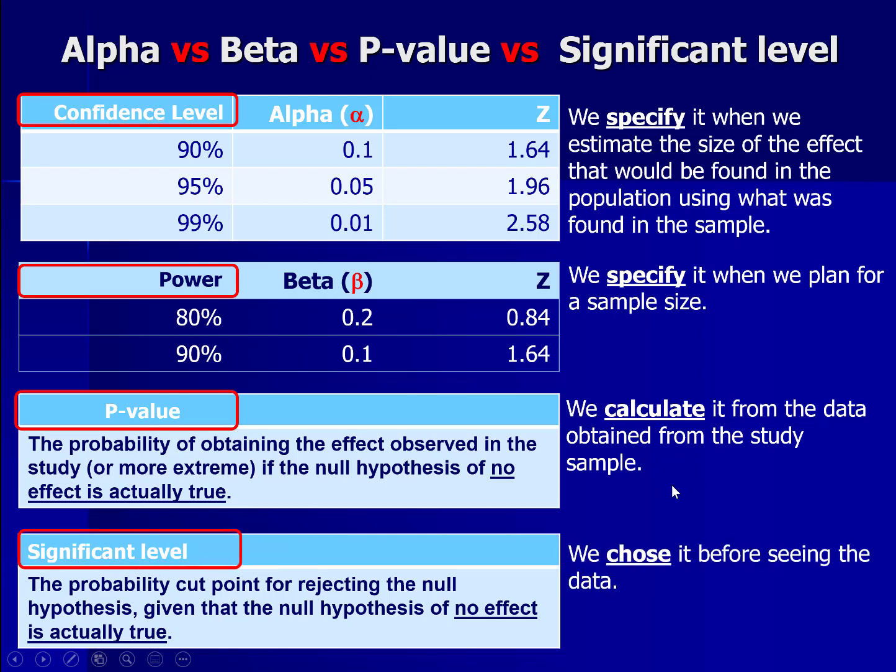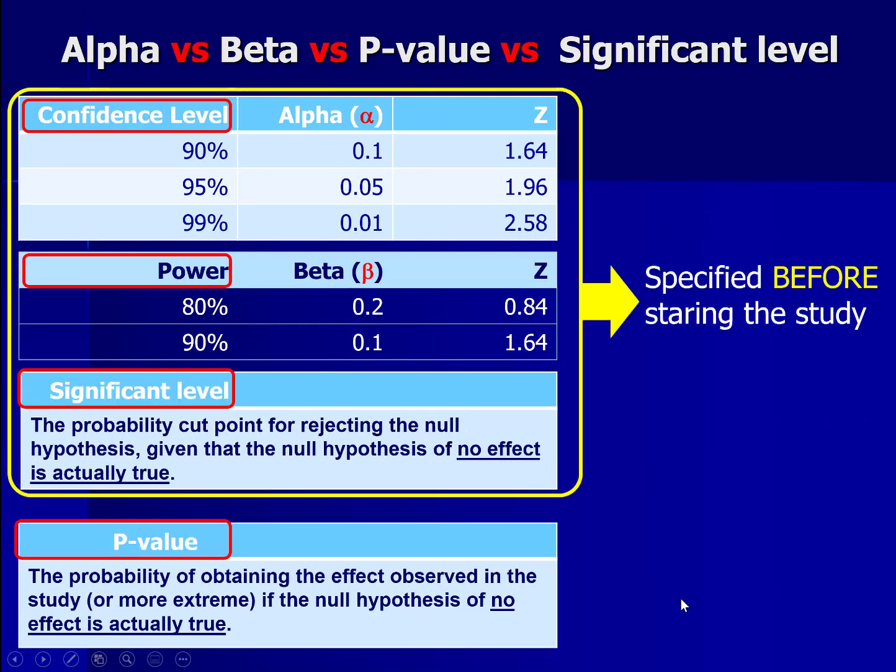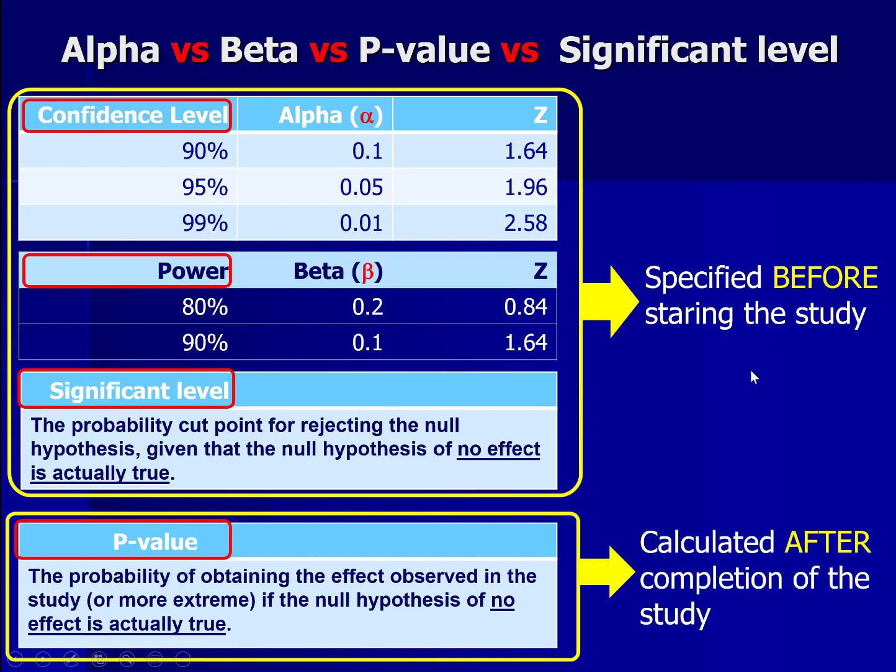And the significance level is the level or cut point we choose before seeing the data. So all 3 of those components are specified before conducting the study, but the p-value is calculated after completion of the study, and we make decisions about significance using this cut point.